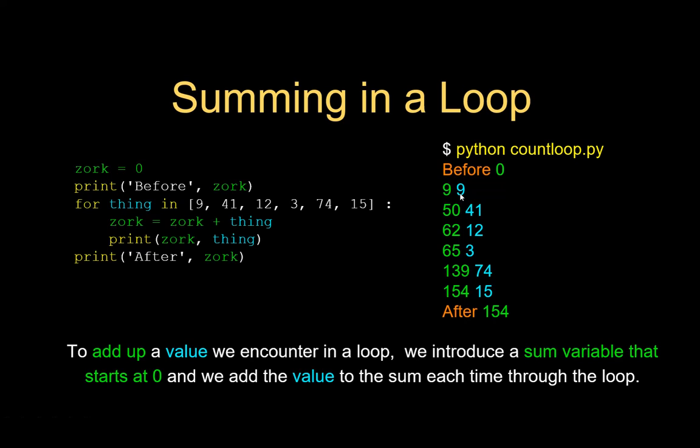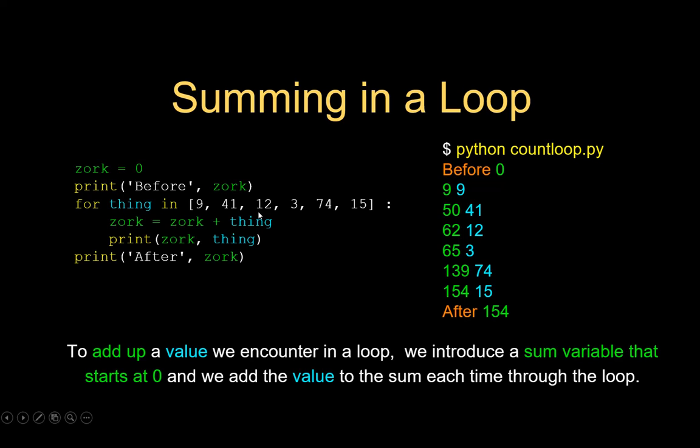In the second iteration, we have 41 as thing. We add 41 to Zork, which was initially 0, now it's 9. So 9 plus 41 is 50. We have 50 and 41 as output.